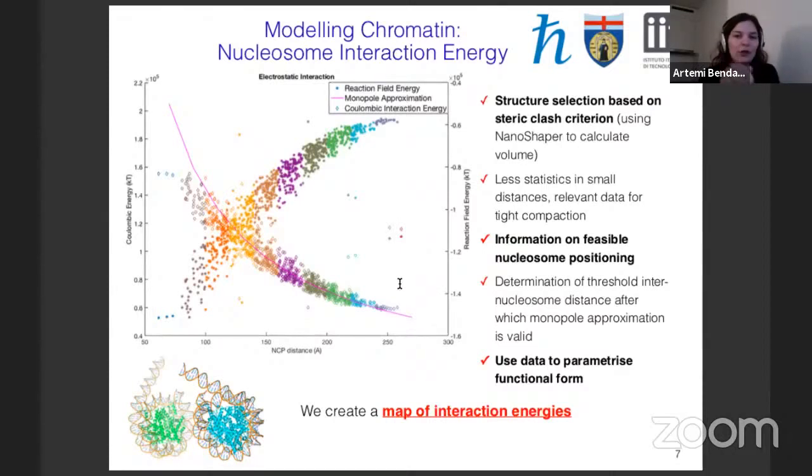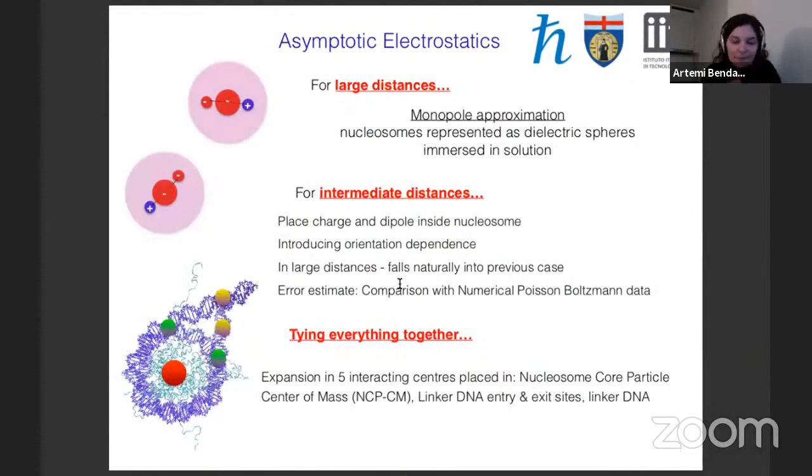So we saw that maybe the linker DNA configuration was like this, or maybe it was like this. And we think that's cool because it shows that linker DNA positioning is also important, not just the position of nucleosomes themselves.